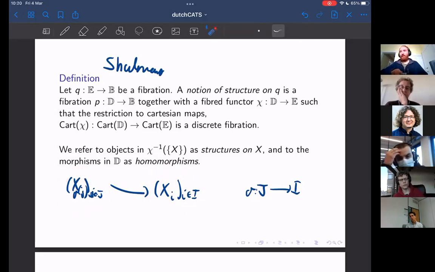So this is a succinct way to identify a key property of this idea. But the intuitive picture is that the objects in the fiber of X in E are a collection of structures on X, and we can also think of the maps in D as being homomorphisms, if you like.